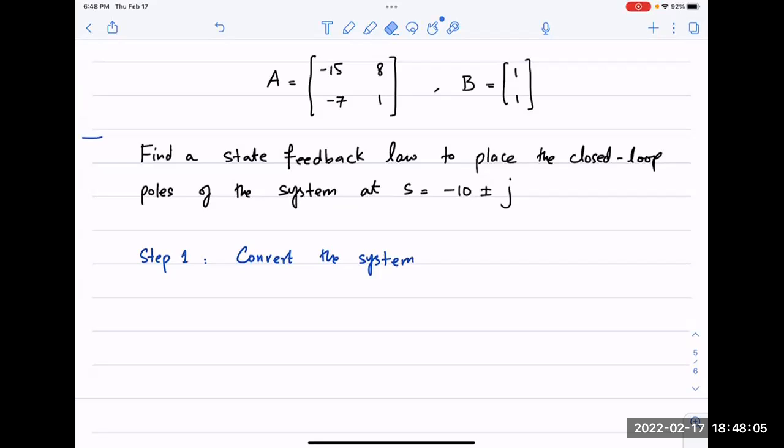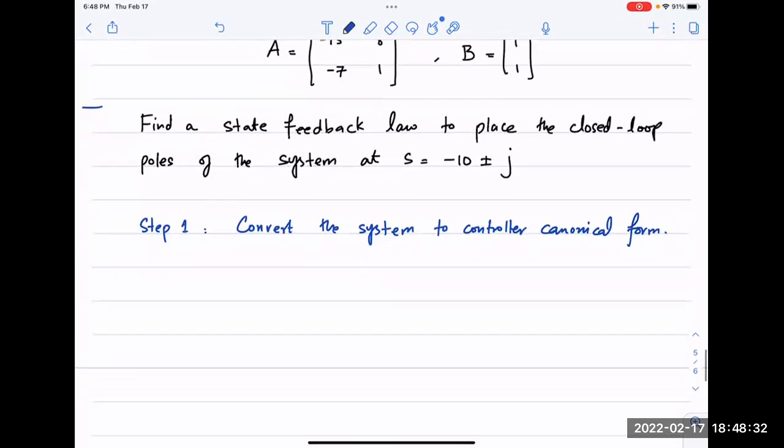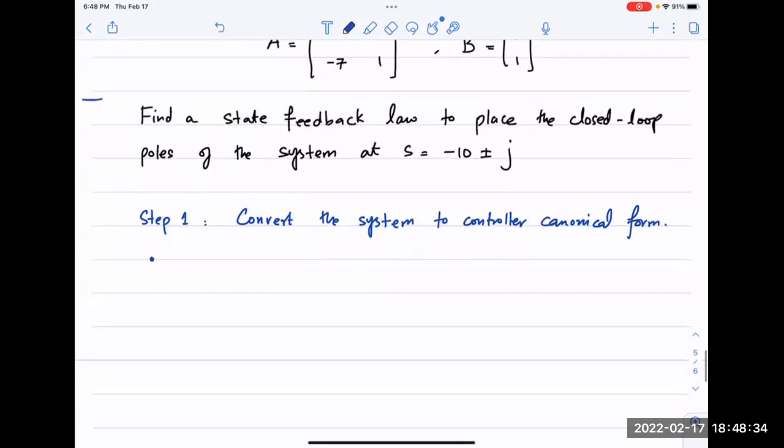So convert the system to the controller canonical form. Now, one way is, actually the shortest way is using the characteristic polynomial.